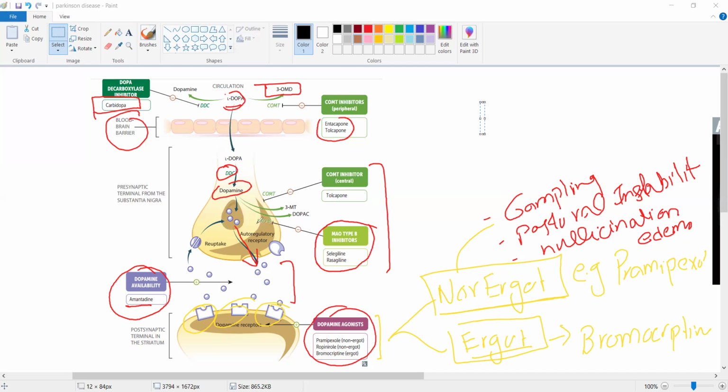These drugs basically inhibit the enzyme monoamine oxidase B and prevent the breakdown of dopamine into DOPAC, right? Another drug, tolcapone, also inhibits the enzyme COMT, catechol-O-methyltransferase, and this enzyme converts dopamine into 3-MT, right? So in this way, we prevent the breakdown of dopamine in the presynaptic terminal in the CNS, right?